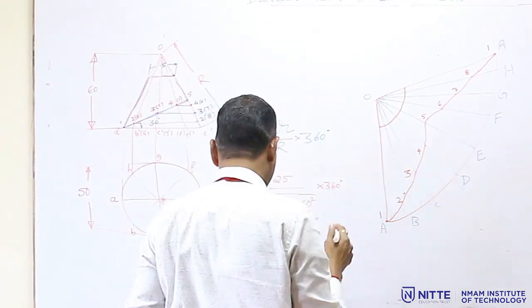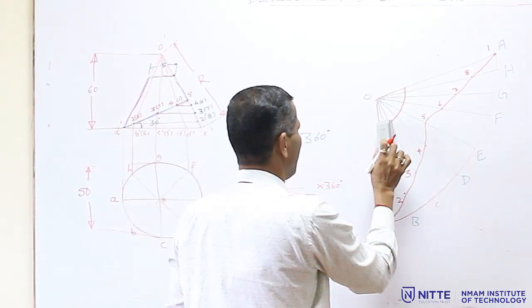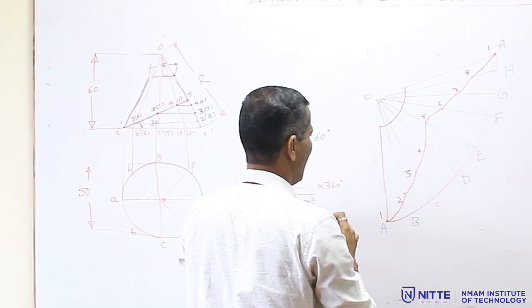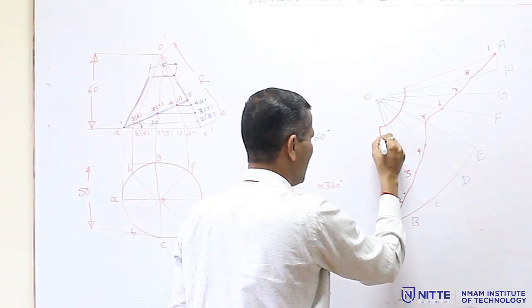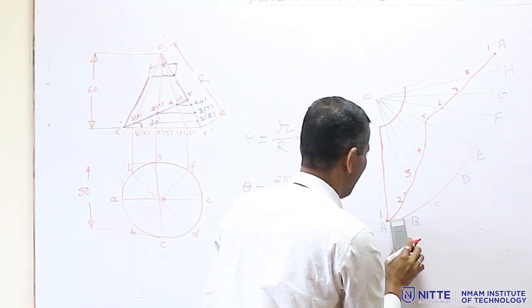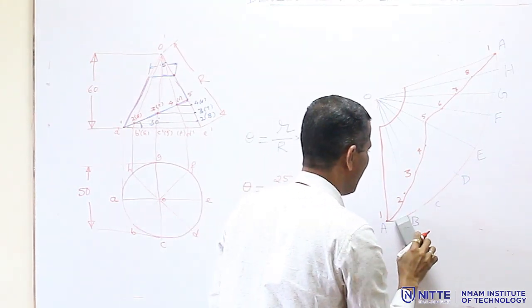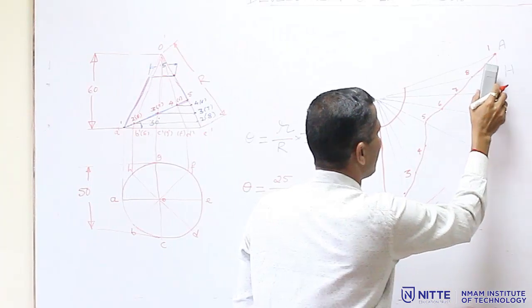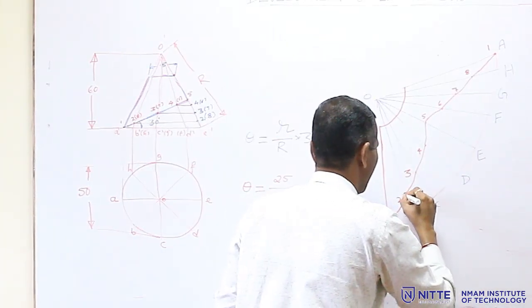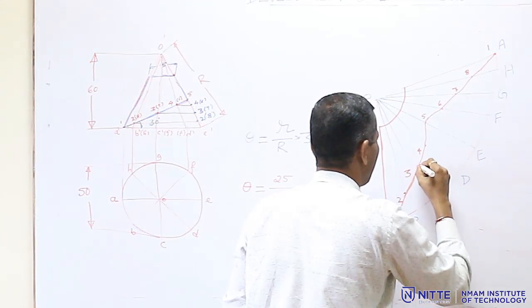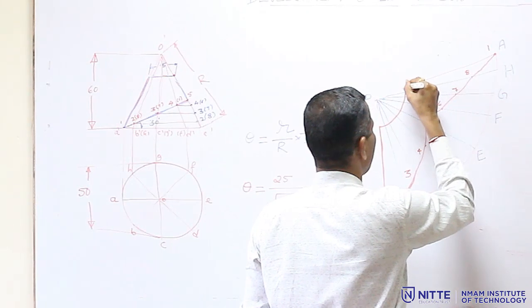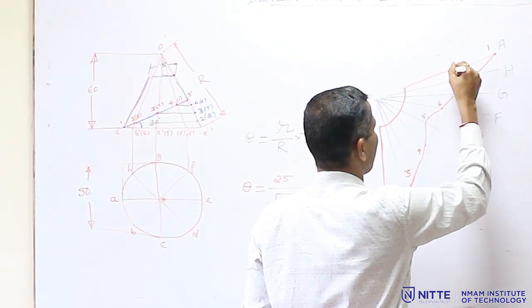Then you have to darken. This part is removed, so that is why it will be light, and the retained portion should be dark. That means this will be dark and the base part will be light, and this curve you have drawn, you have to make it dark, and this edge also is dark.